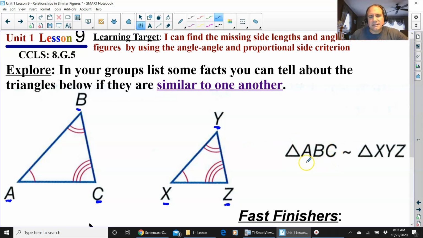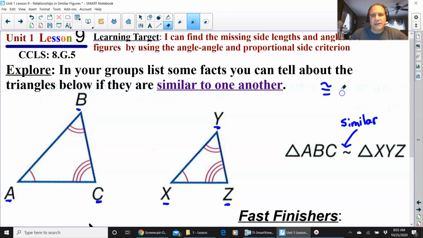And it says that triangle ABC is similar to triangle XYZ. And please put an arrow to that squiggly line right there, and that means that it is similar. And by the way, we mentioned this: the equal sign with a squiggly line, I shouldn't put equals, that means congruent.